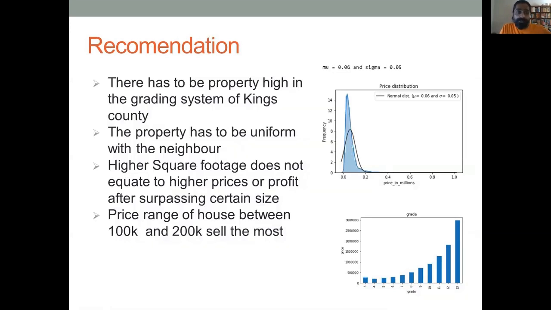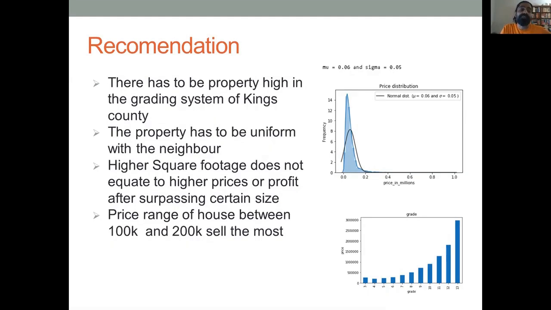The recommendations: I feel the properties have to come through the grading system, because I figured out that the higher the grade, the better the price, and everything really revolved around that.